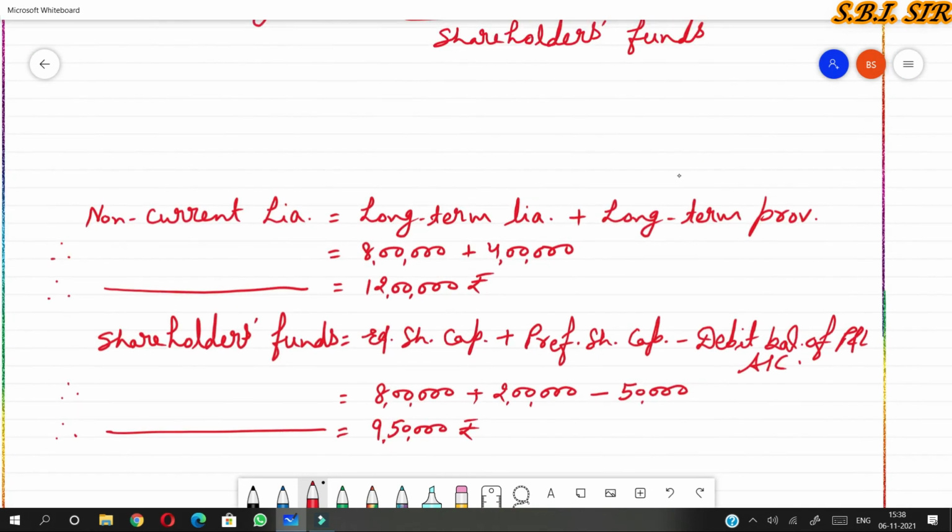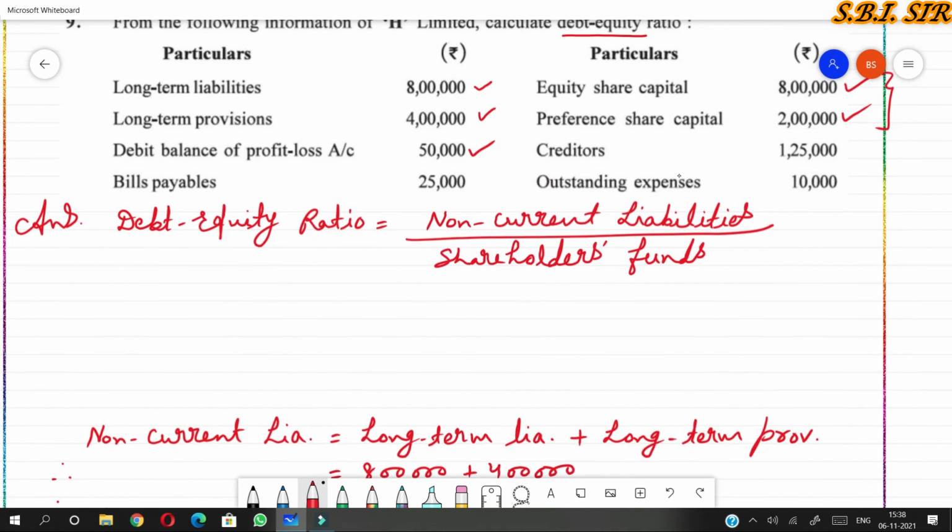Then we will put the values in the formula. Non-current liabilities 12 lakh, shareholders funds 9 lakh 50,000. 12 lakh divided by 9 lakh 50,000, we will get 1.26. Then 1.26 ratio 1. This is our final answer.